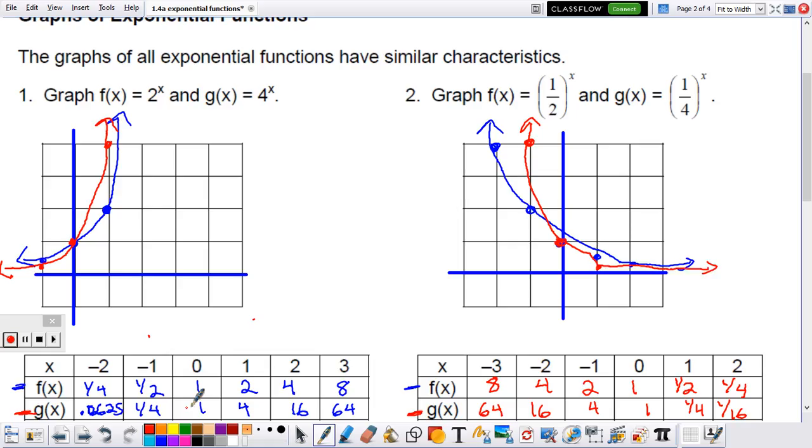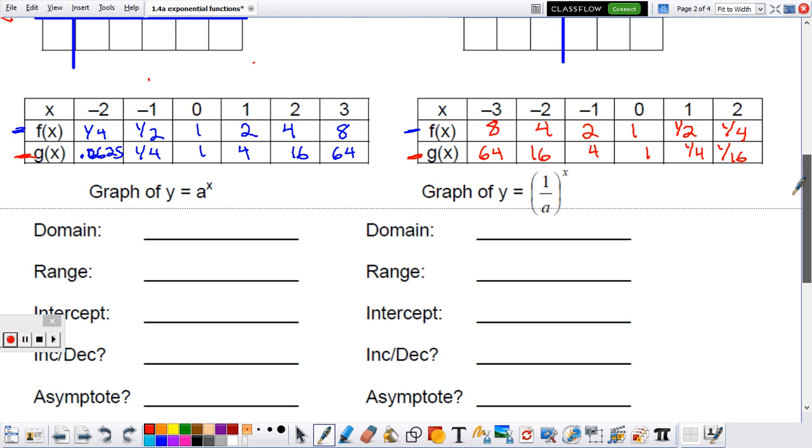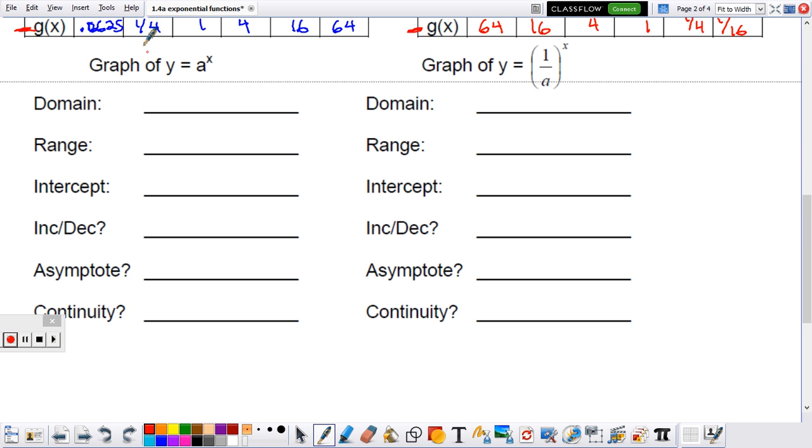Okay. So keeping these on your paper, let's answer the questions below. Both graphs on the left have a domain of all real numbers. Any x value we can put in there, but they only have a range of y is greater than 0.